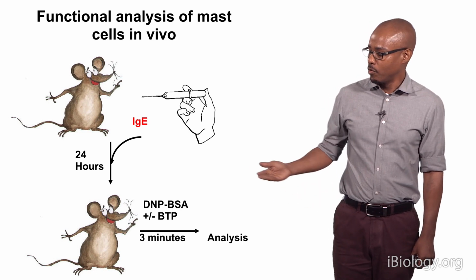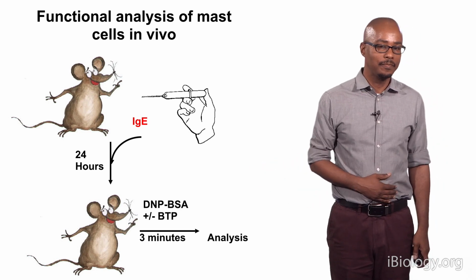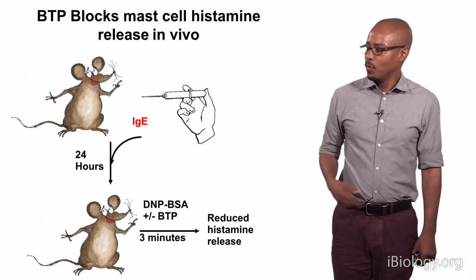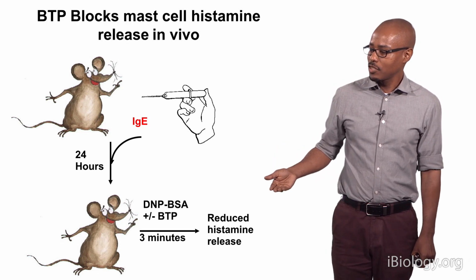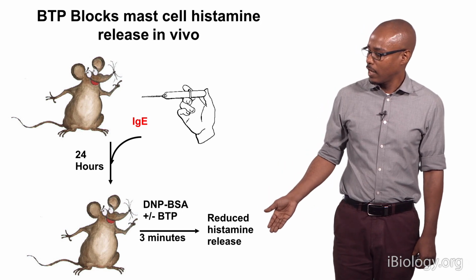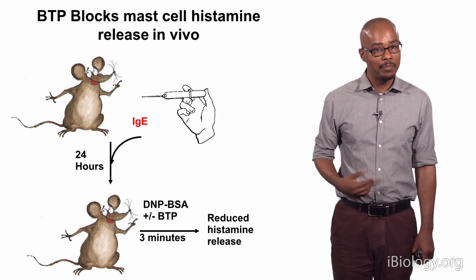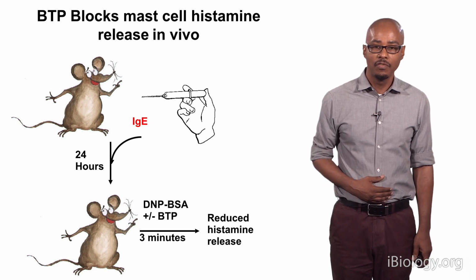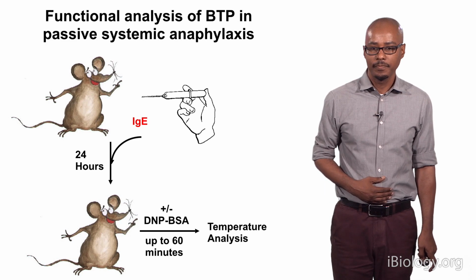We also determined whether BTP would block this effect. And what we found was that when we injected mice with BTP an hour before we gave them the allergen, we could get reduced histamine release, indicating that BTP actually blocks the release of histamine from these mast cells.